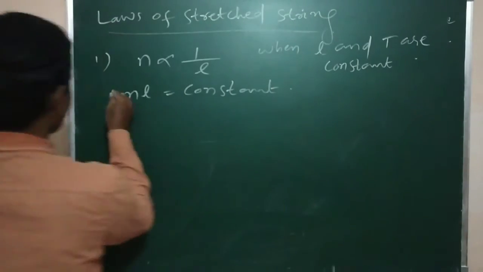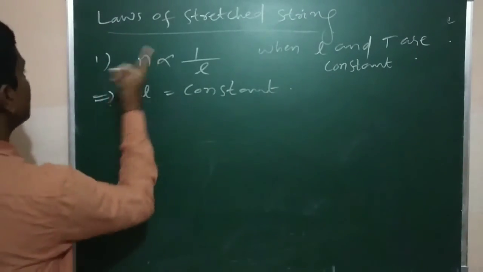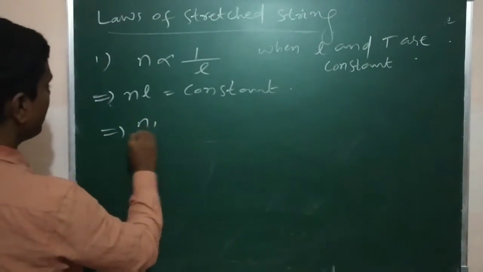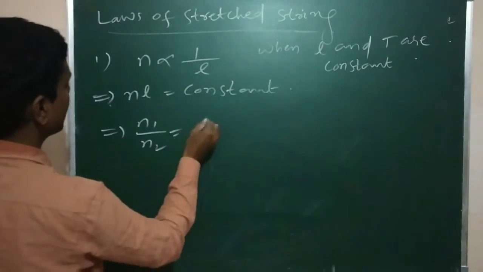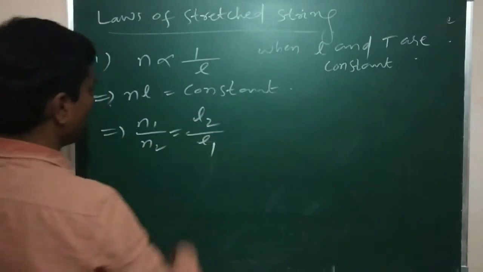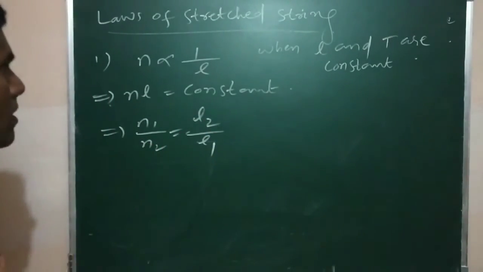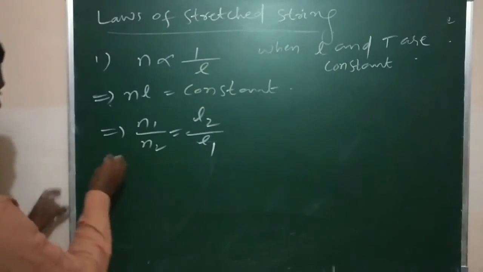This relation can be written as n1 by n2 equals L2 by L1. This is the first law of stretched string.